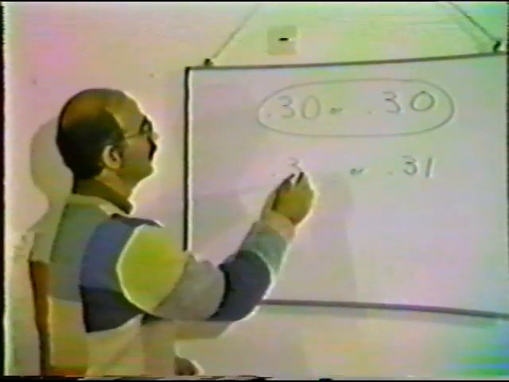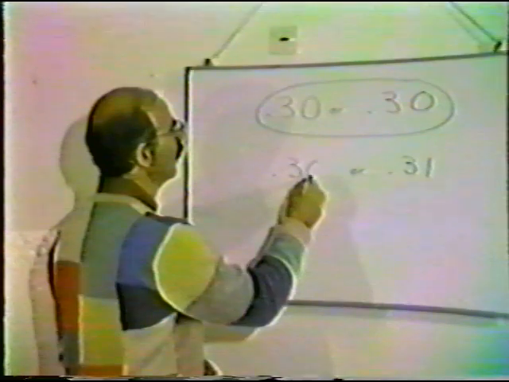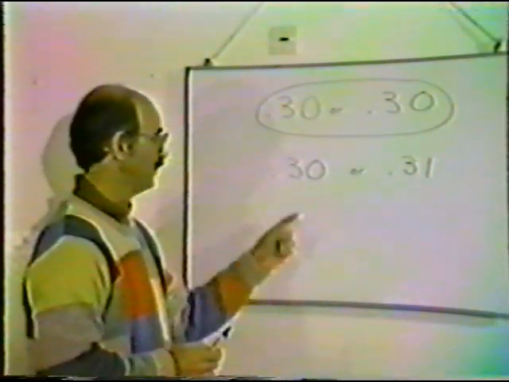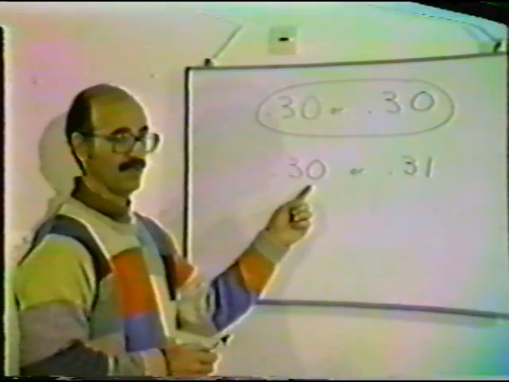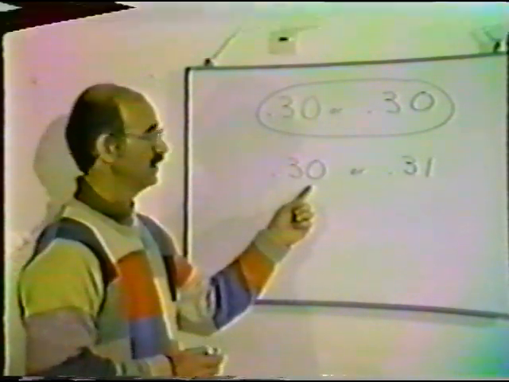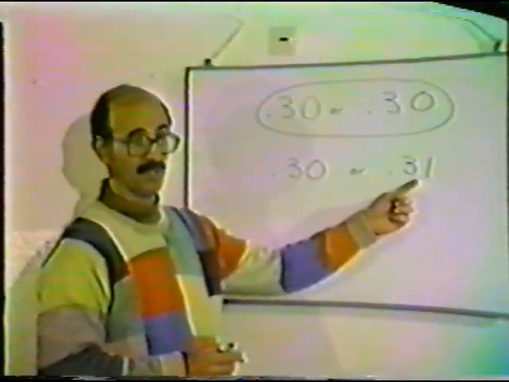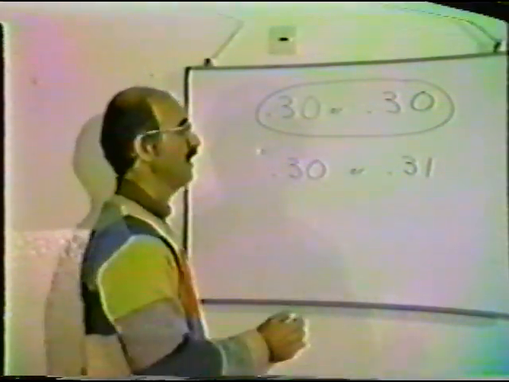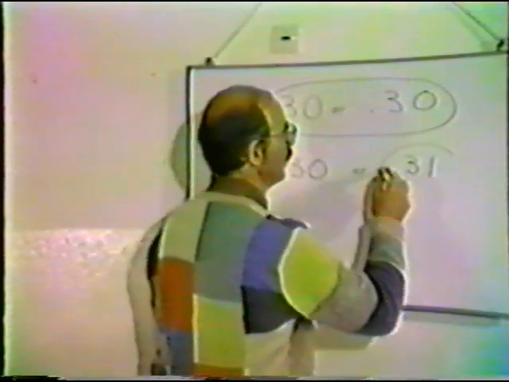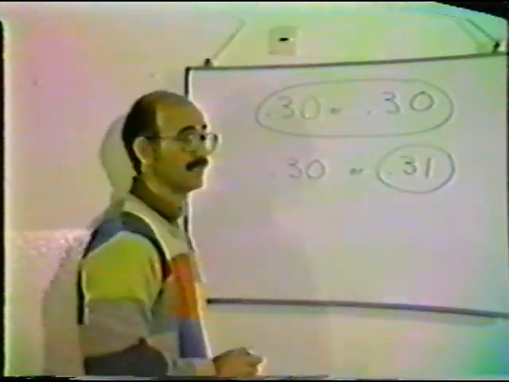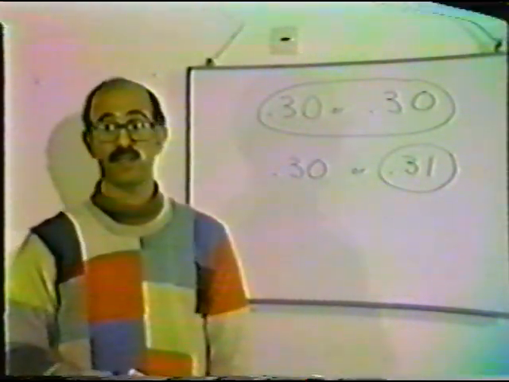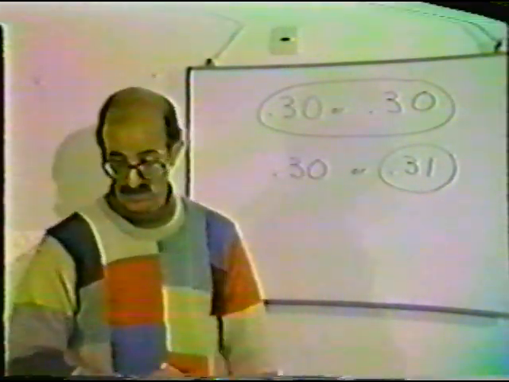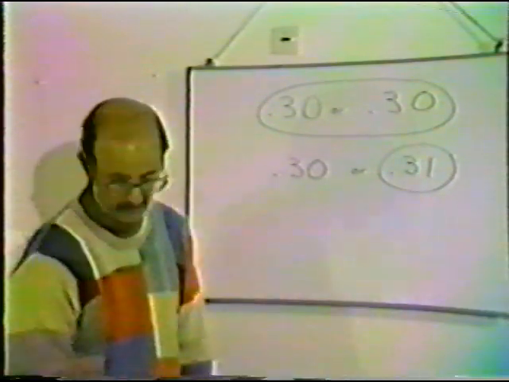So I'm going to make this one hundredths also. Now let's read them. What does this one say? 30/100ths. And what does this one say? 31/100ths. So now you can say with some confidence that 31/100ths is larger than 30/100ths. But not until you put this 0 there to help you.